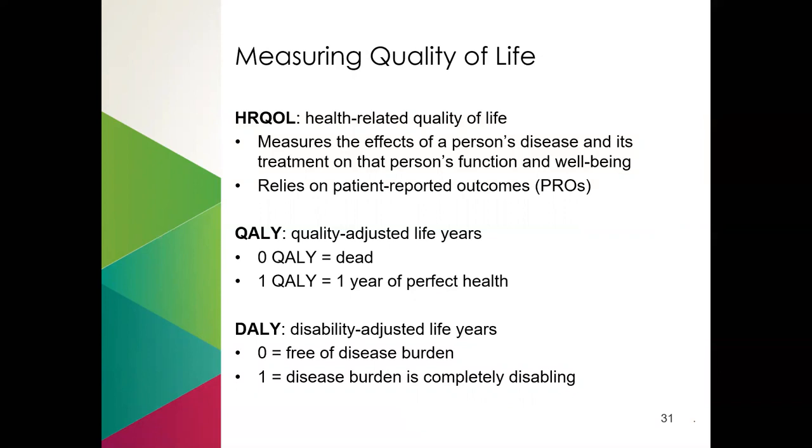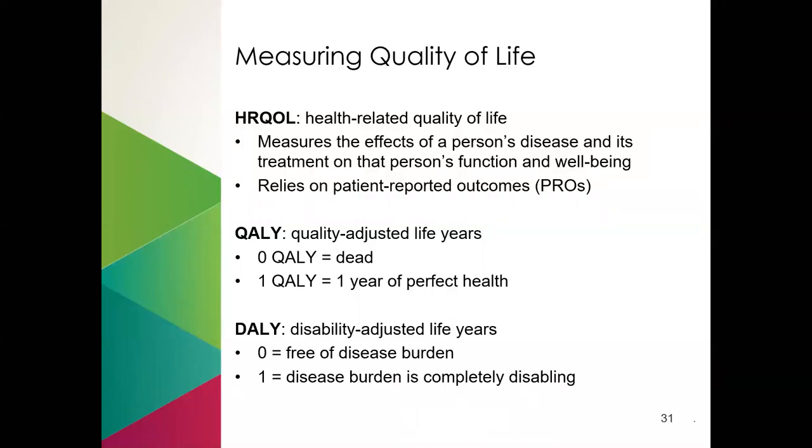QALY stands for quality adjusted life years. So 1 year of life gets quality adjusted based on like how comfortable the person is, how functional they are, their pain level, stuff like that. 1 year of life gets adjusted to a value between 0, which is no life, because if it's 0, you're dead, and 1, which would be a year of perfect health.